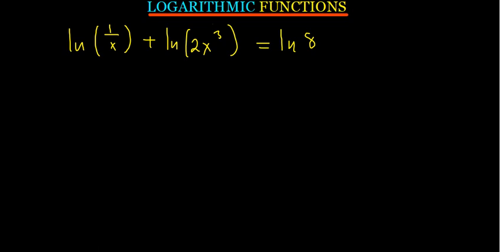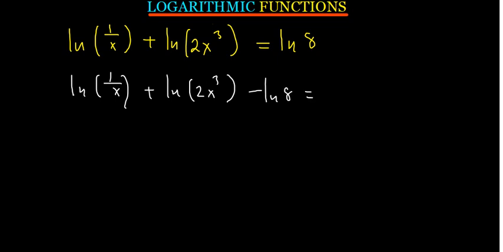The question might be, how do we get to solve this one? To solve it, we are going to take everything to the same side. We're going to have natural log of 1 over x plus natural log of 2x to the power 3 minus natural log of 8 is equal to 0.